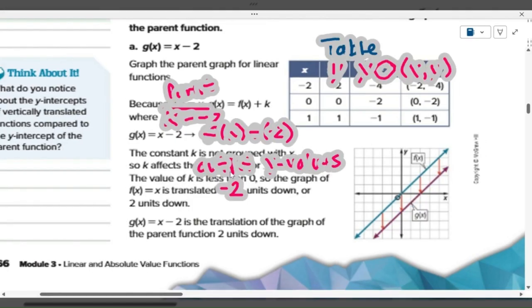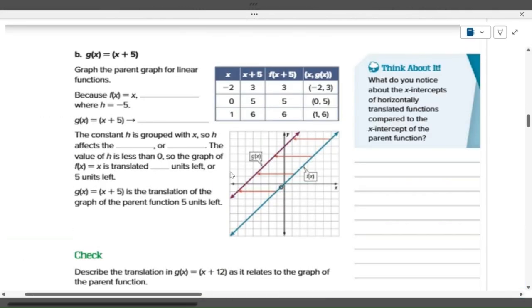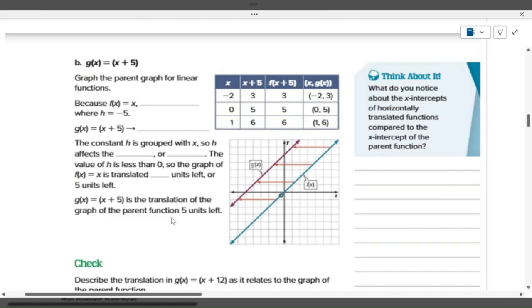Okay, next page, page 167. Now we are changing the x values. So the graph of the parent function for the linear function is f of x equals x, just like in the last one. We have this new transformed function, which is g of x.